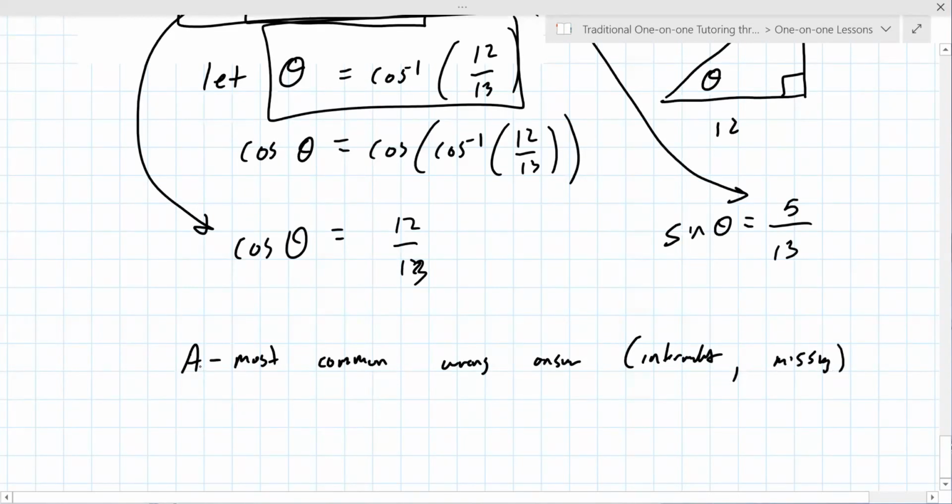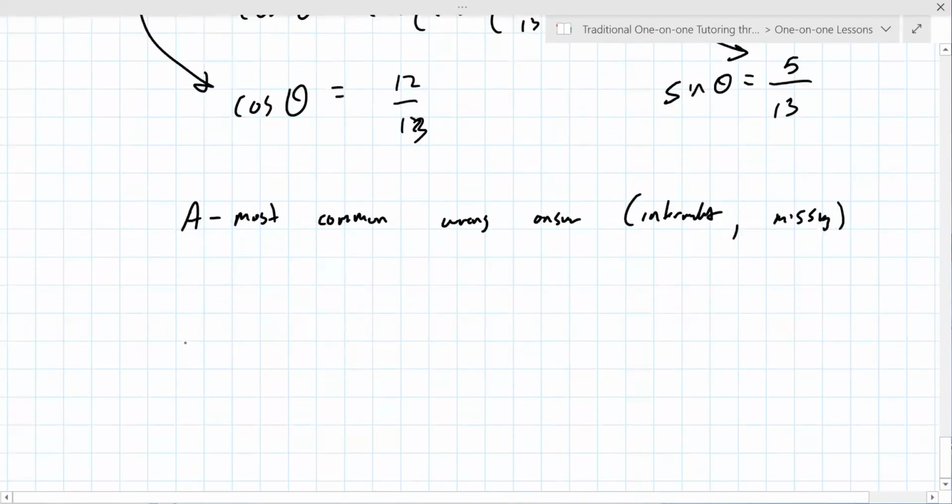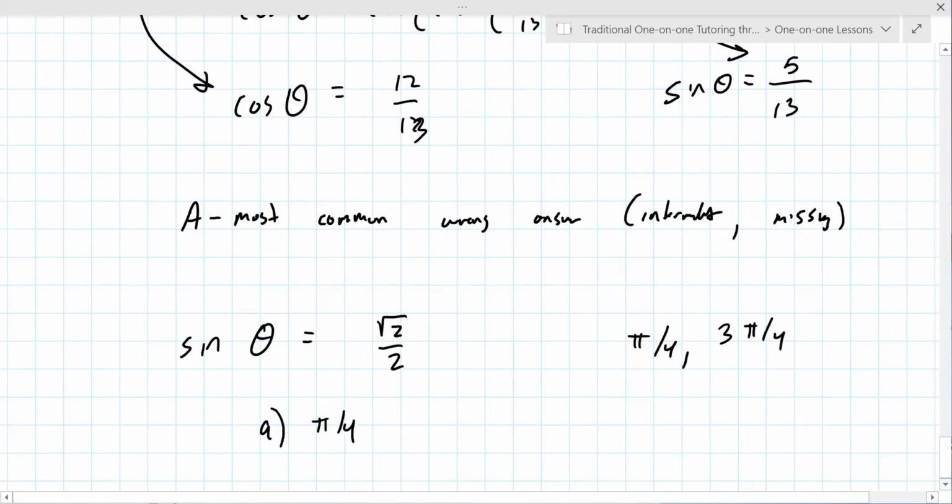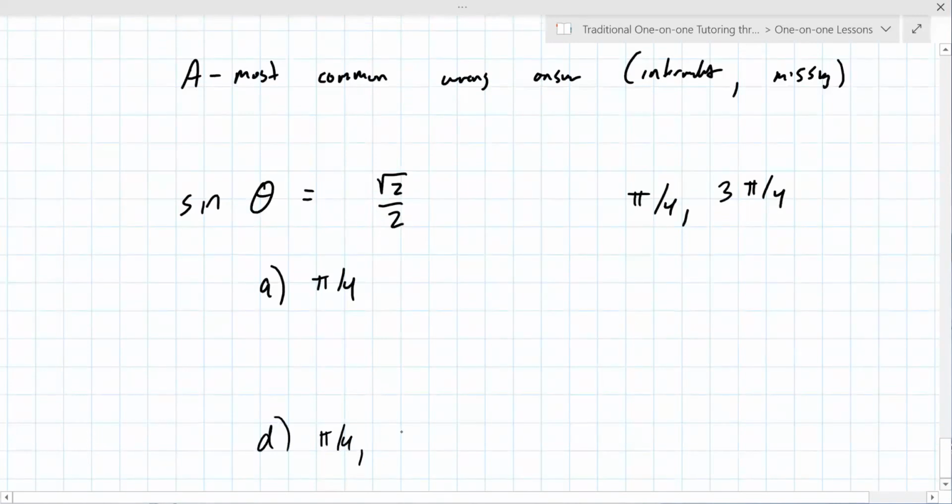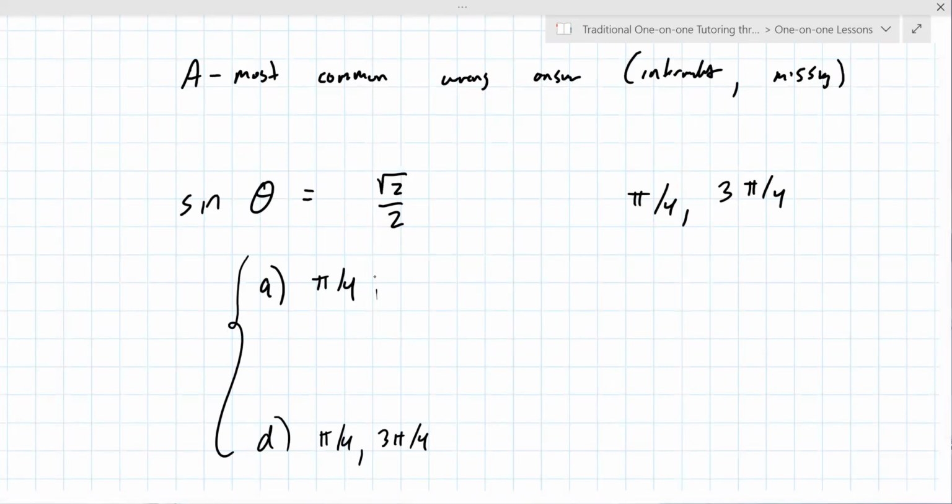Let's say this is a bad problem, but let's say we were going to use this number in something else, that would be A. If I asked you where sine of theta equals square root of 2 over 2, the correct answer is pi over 4 comma 3 pi over 4, but answer A might be just pi over 4, and down in letter D is pi over 4 comma 3 pi over 4. So you really want to scan the entire answer space before you just bubble it in. Really think, especially if a human is making it, because they think about these things. If it's a computer, it's totally different.